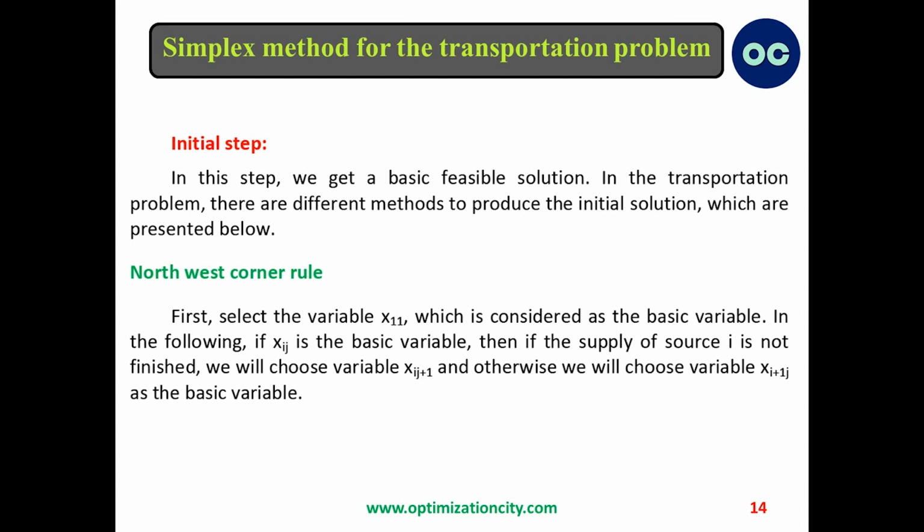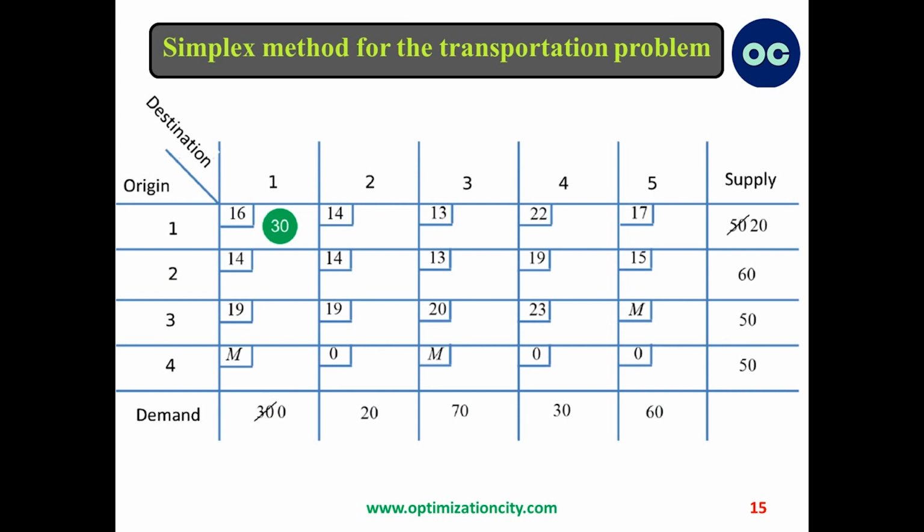However, if the supply from source i is fulfilled, we select xi+1,j as a basic variable. For instance, consider the simplex table below for finding the initial basic feasible solution with the northwest corner rule. We start from x11.